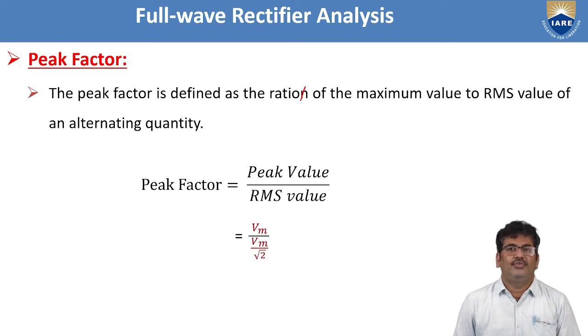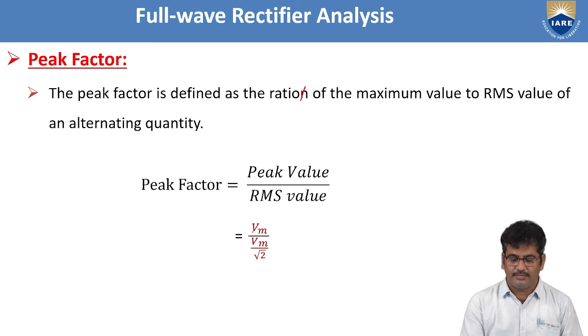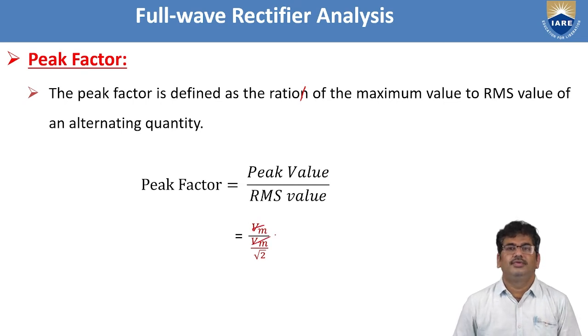The peak value is Vm. The RMS value is Vm by root 2, so Vm gets cancelled, which is equivalent to root 2, which we can write as 1.414. So the peak factor for the full wave rectifier is 1.414.